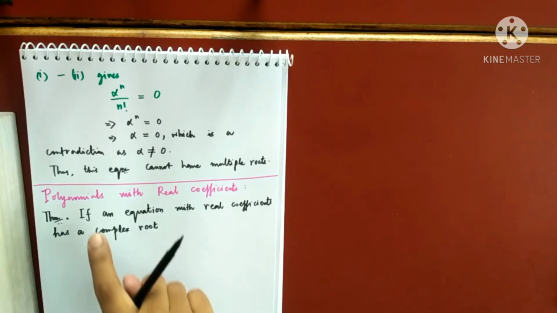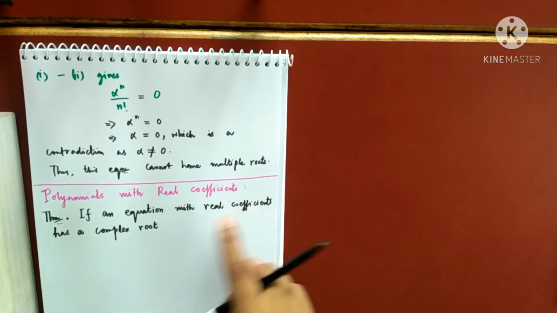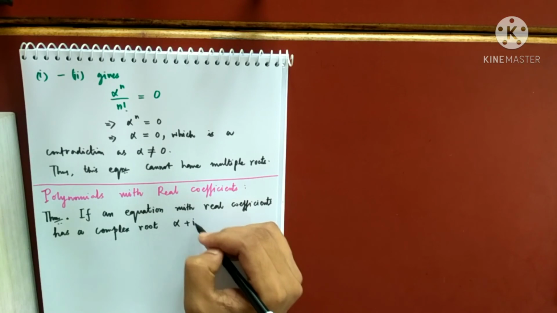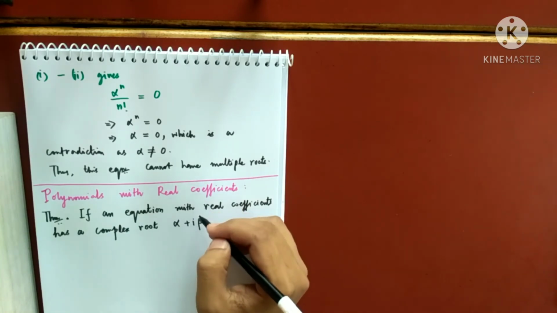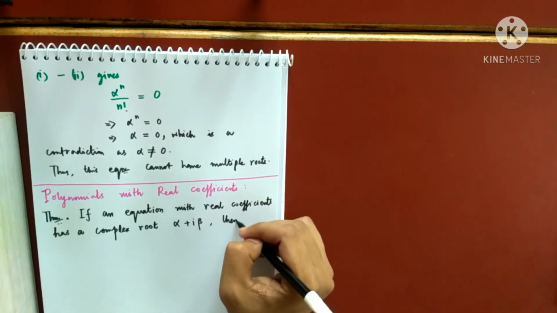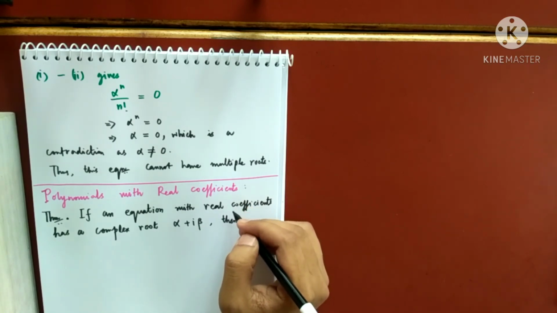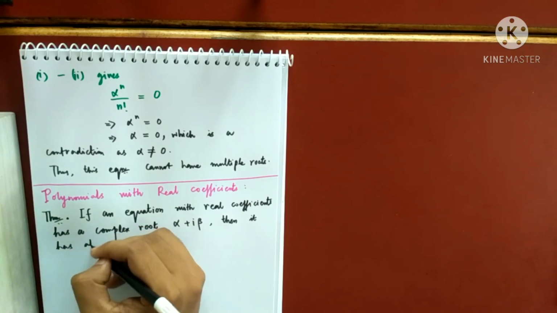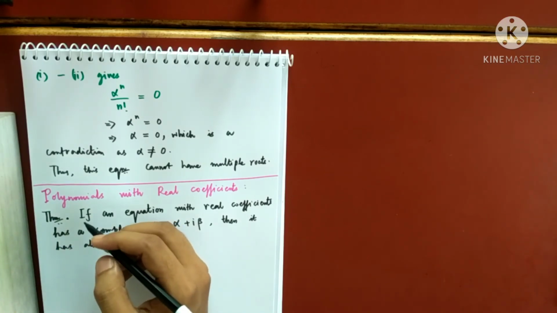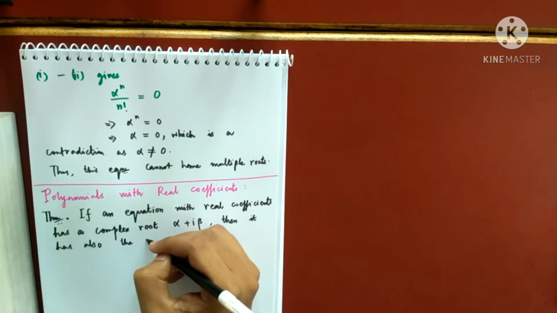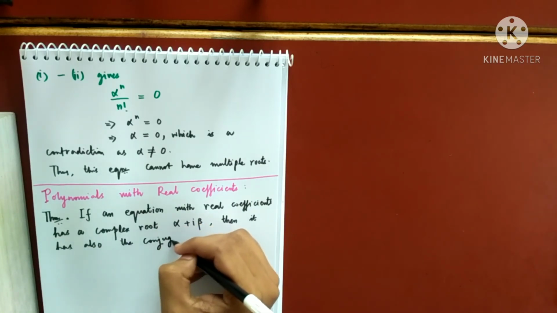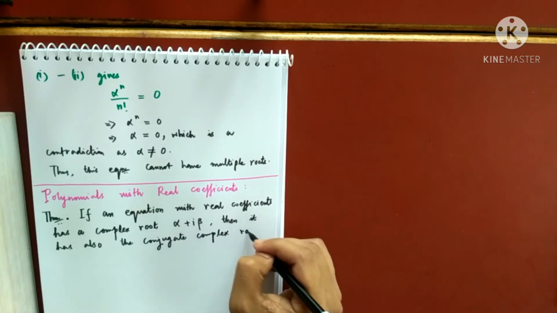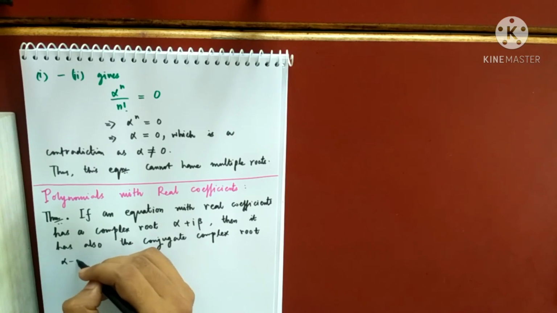So the theorem says, if an equation with real coefficients has a complex root alpha plus i beta, then it also has the conjugate complex root alpha minus i beta.